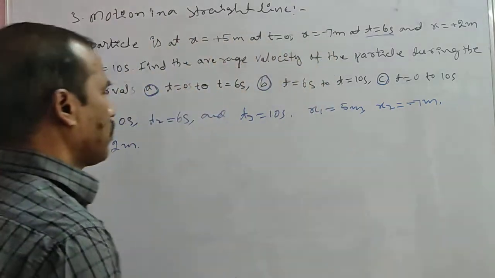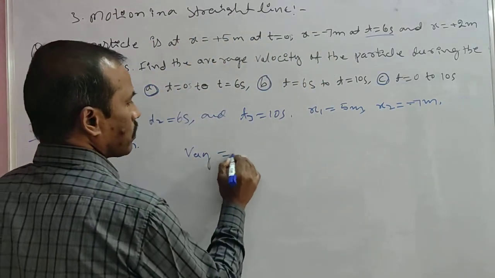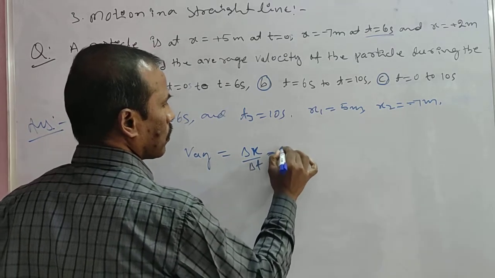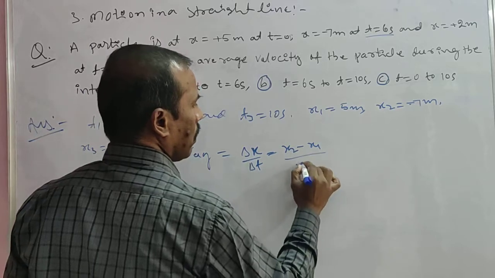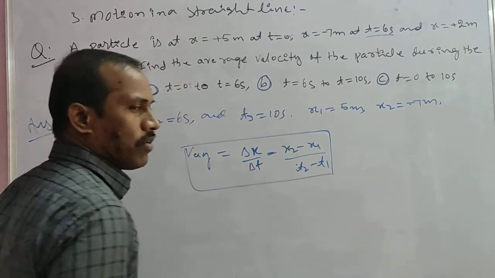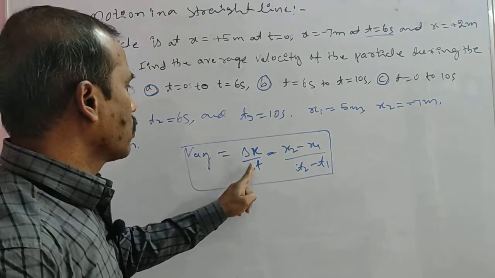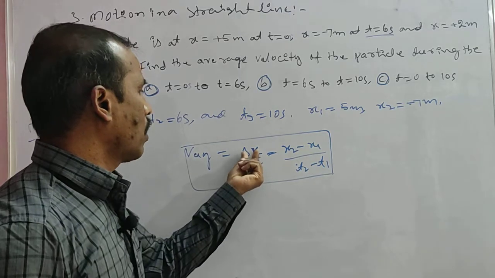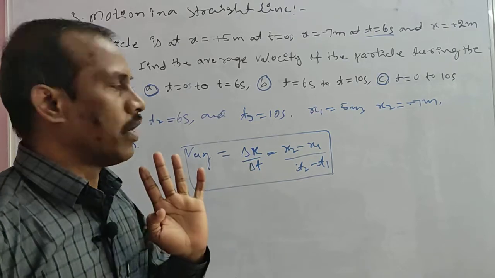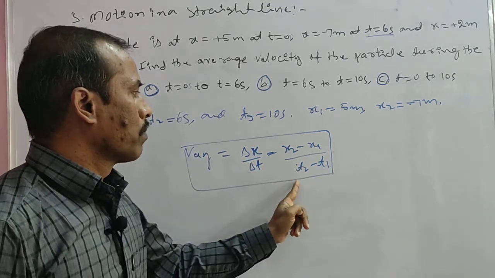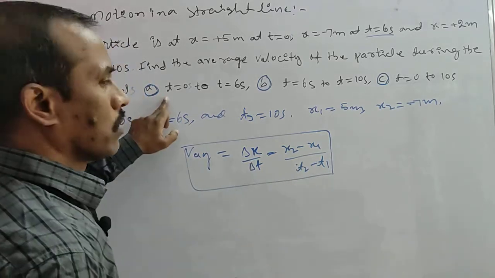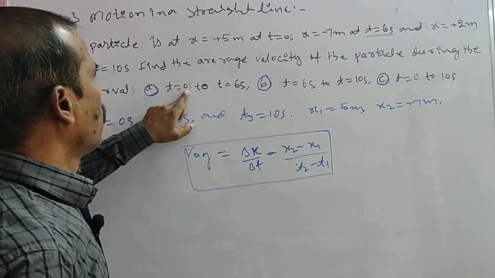So the formula is average velocity = Δx/Δt, where Δx is the change in position and Δt is the change in time, which equals (x2 − x1)/(t2 − t1). This is the formula.